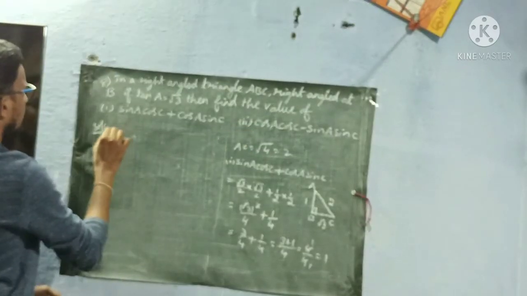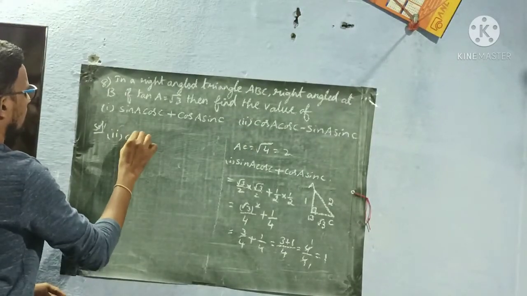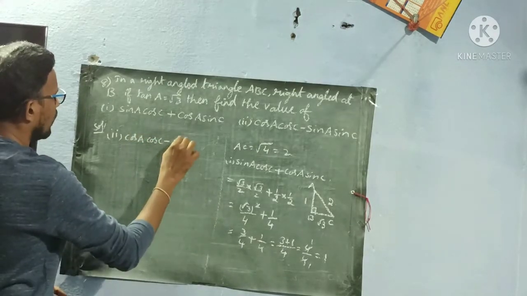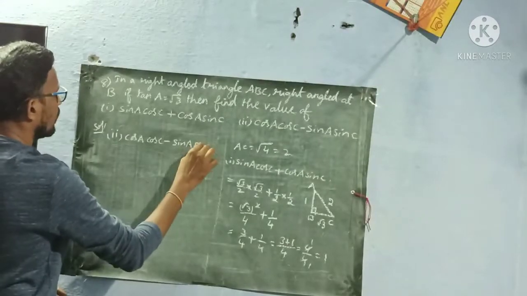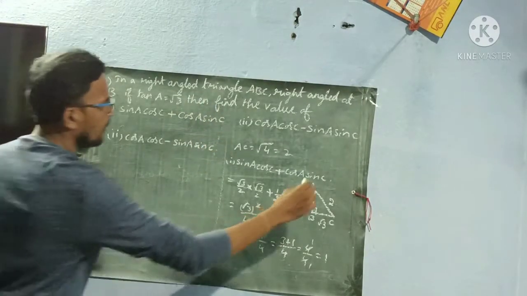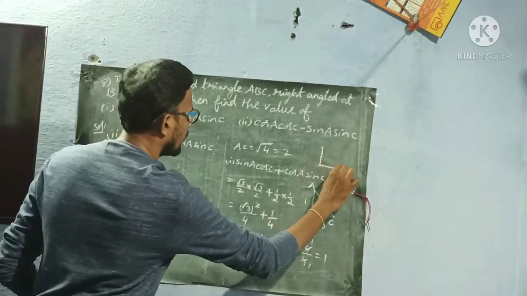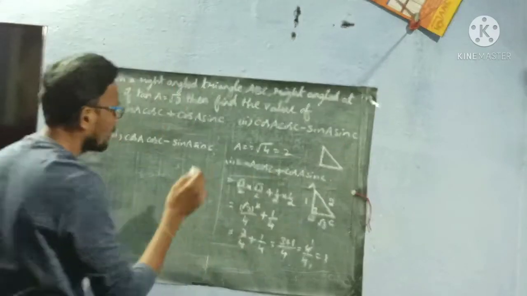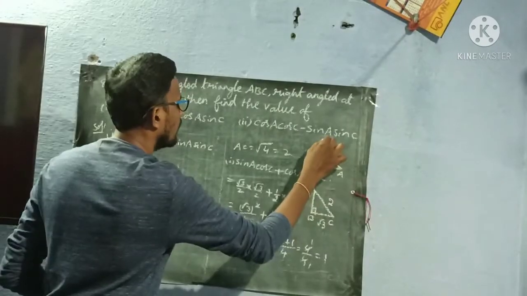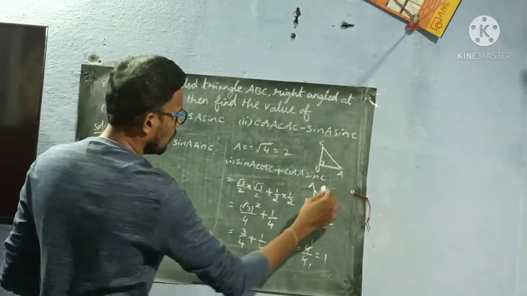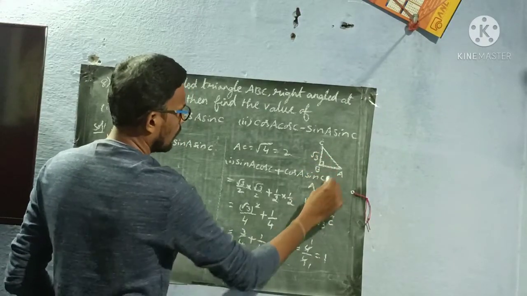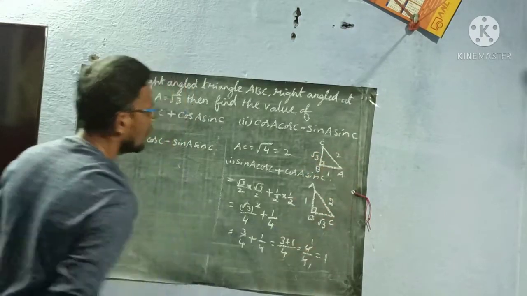So second bit, cos A cos C minus sin A sin C. Just wait, let me draw the diagram here for angle A, because I have erased it. Again I will draw here. So here B, here A, here C. So now BC is root 3, AB is 1, AC is 2.